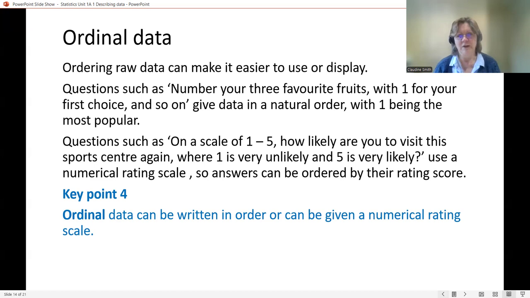So questions such as, on a scale of 1 to 5, how likely are you to visit this sports centre again, where 1 is very unlikely and 5 is very likely, use a numerical rating scale. So answers can be ordered by their rating score. So key point 4, ordinal data can be written in order or can be given a numerical rating scale.